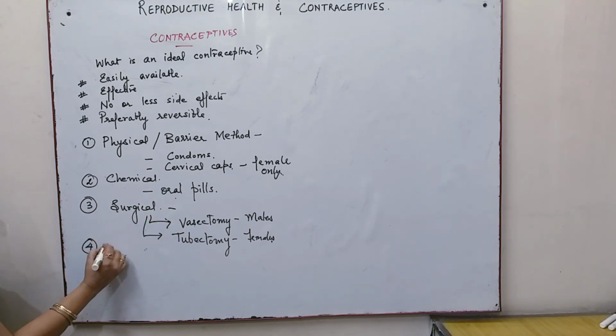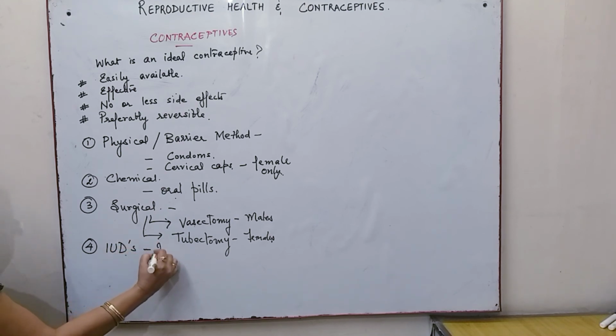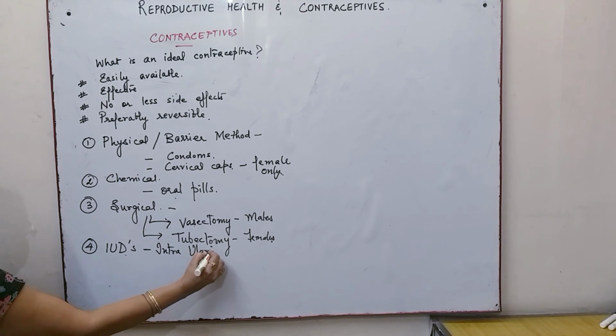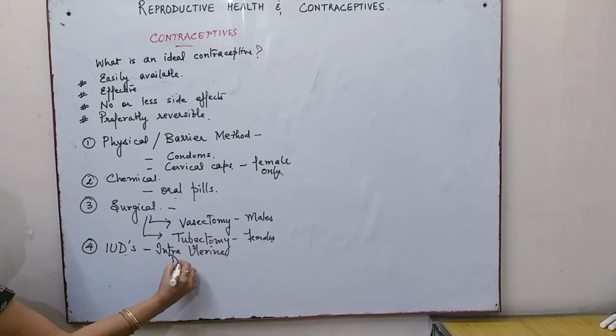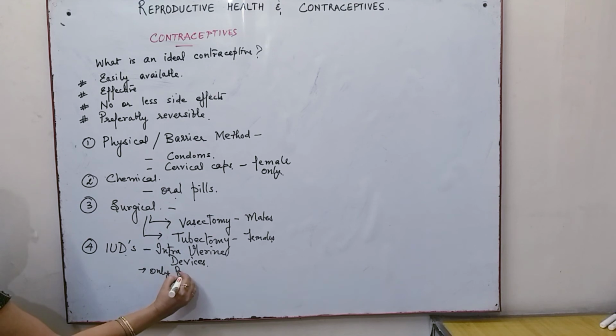Then the other method is the use of IUDs, or intrauterine devices. The intrauterine devices can be utilized only for females.